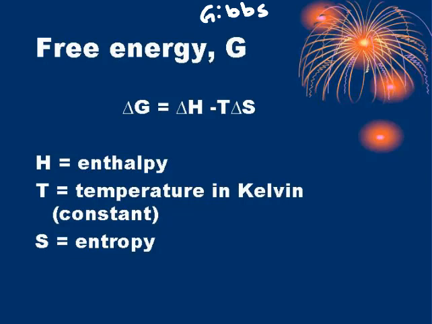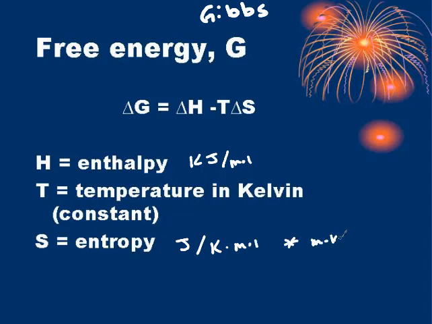Delta H is our enthalpy, and that's generally in kilojoules per mole. T is temperature, it needs to be in Kelvin. And delta S is entropy, that's generally in joules per Kelvin times mole.